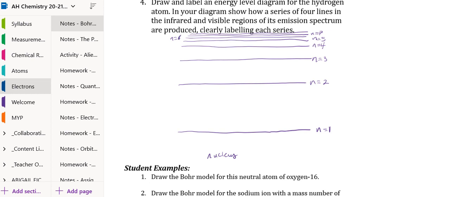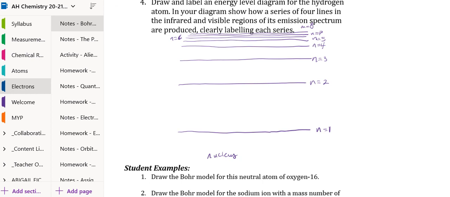How did I know I needed 8? Anybody? I'm asked to show 4 lines for the infrared and visible. So if it's emission, are electrons going to be going from lower to higher or higher to lower? Higher to lower.